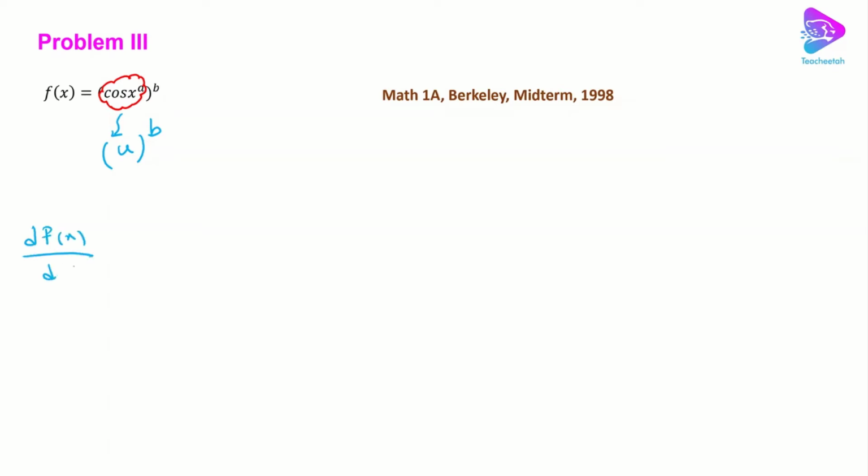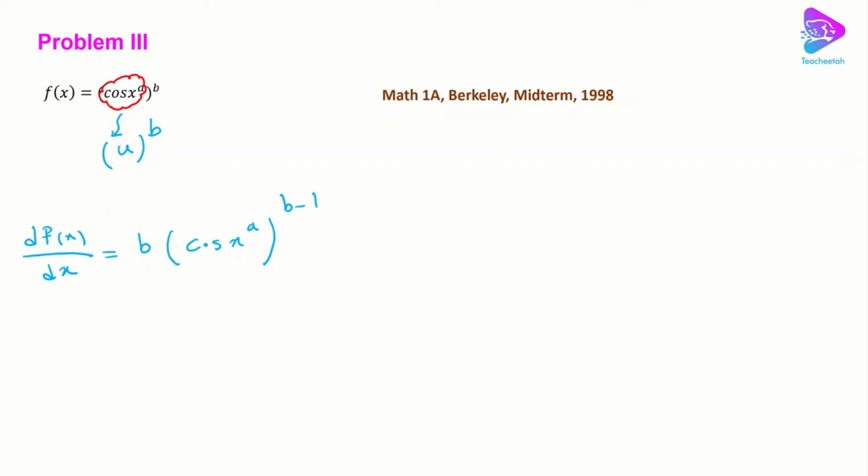So let's look at the derivative. It's going to be df(x)/dx equals, using the power rule for the outside function, b times cos x to the power of a, and the whole cos x to the power of a is going to be to the power of b minus 1.